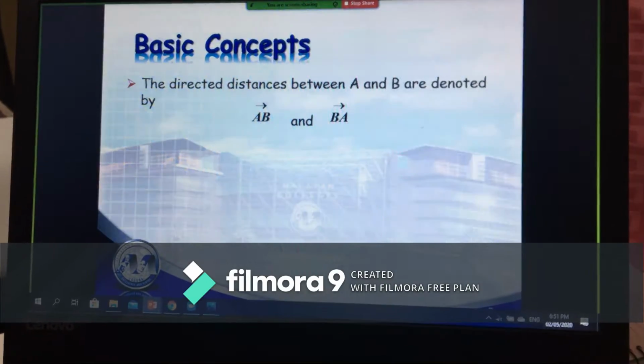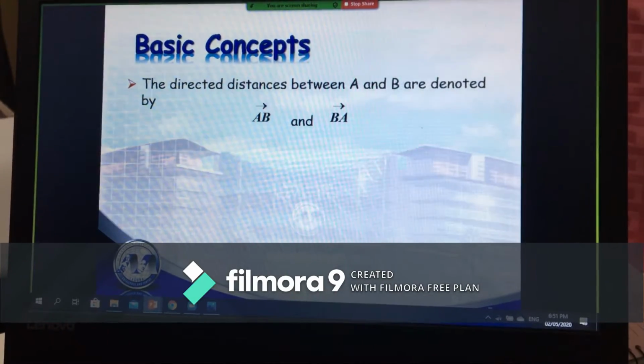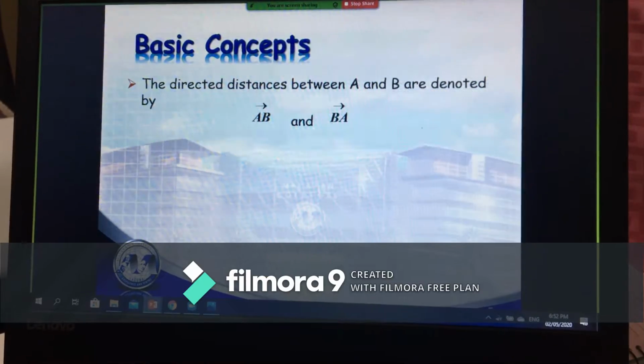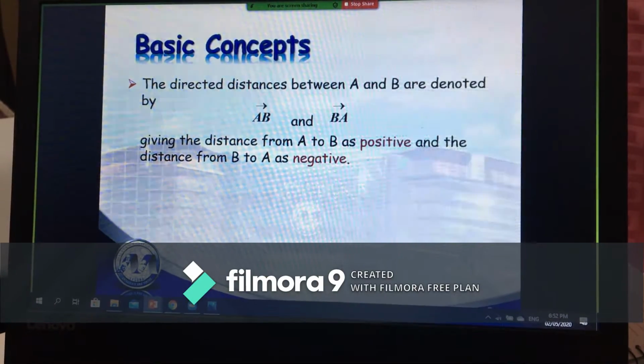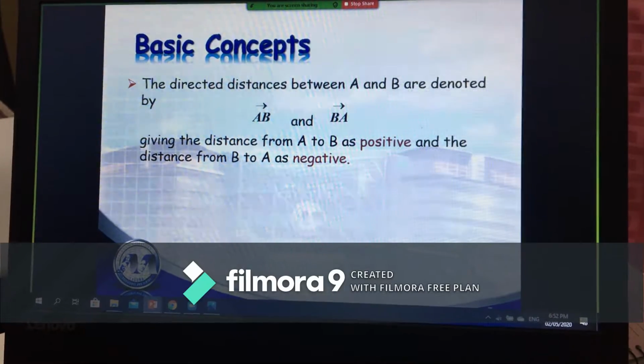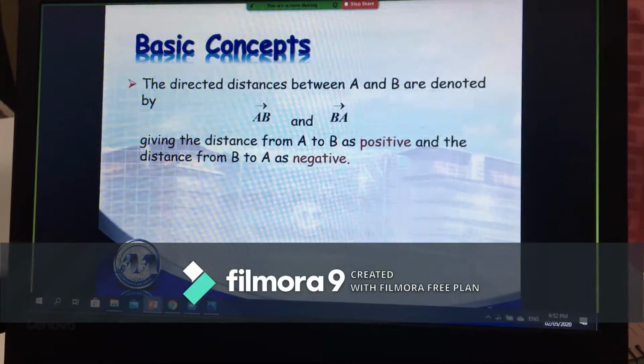Then from B to A, from the opposite direction, as negative. Okay? Any questions so far, class? So we need to understand this concept so that when we get to other topics, it will be easier for you.